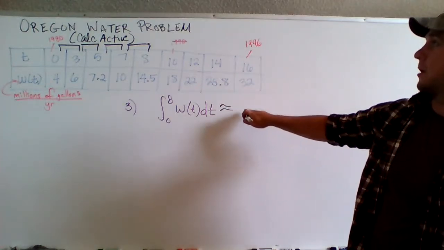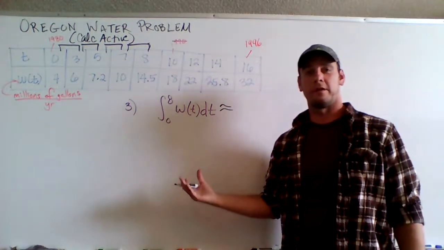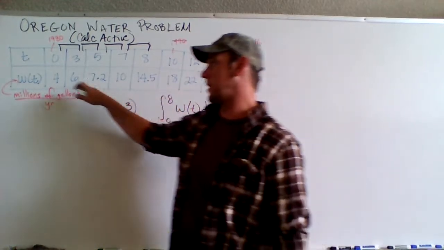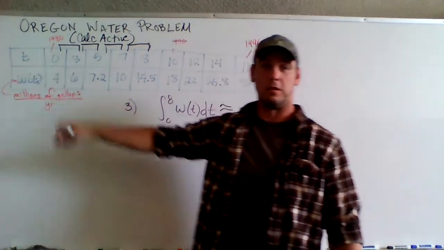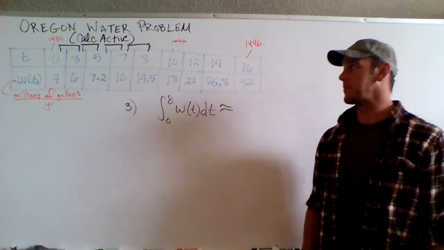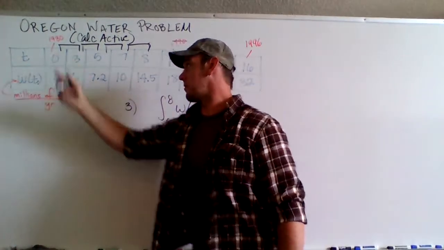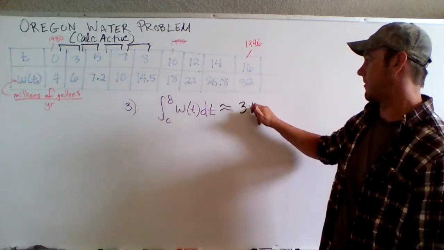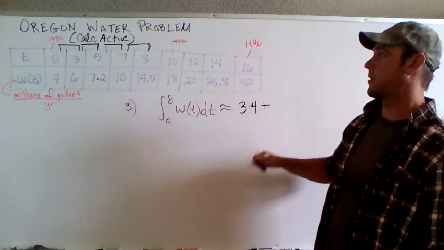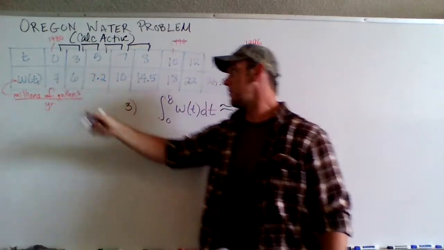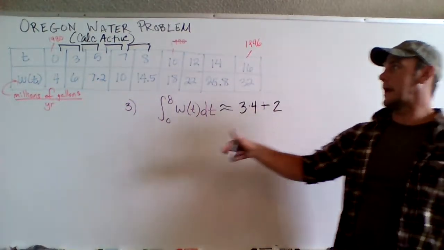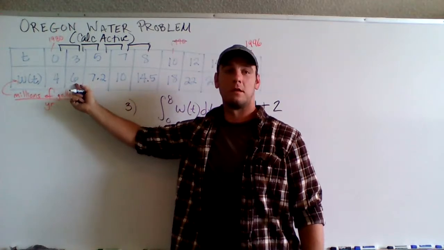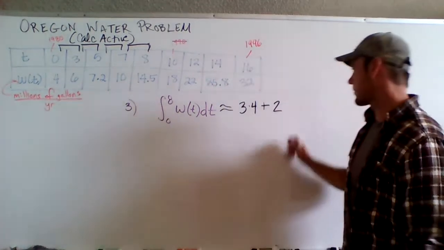So really our bases are going to be the differences in our times, and the height is going to be our values of W(t), but we always want the left one because it's the left Riemann sum. So here my base is going to be 3 times my height of 4 for my left value, plus my next base of 2 times my height of 6.